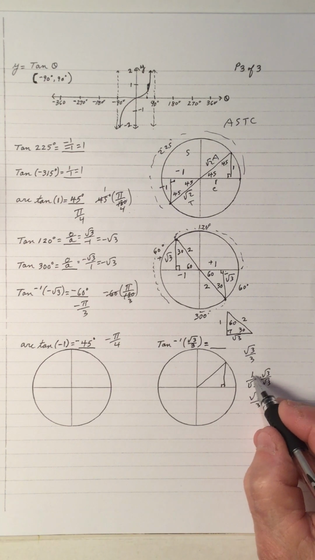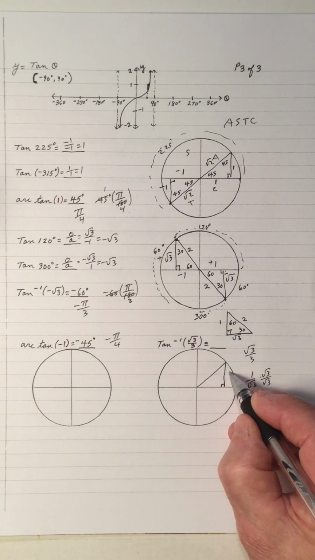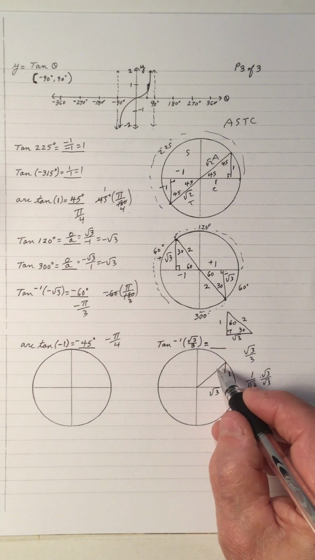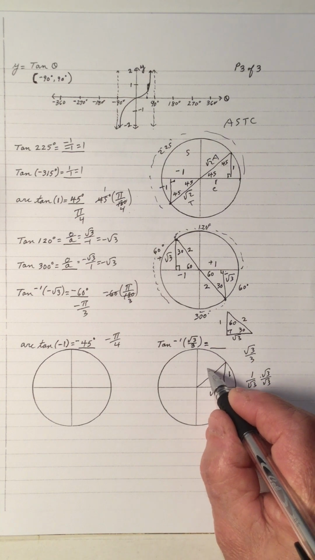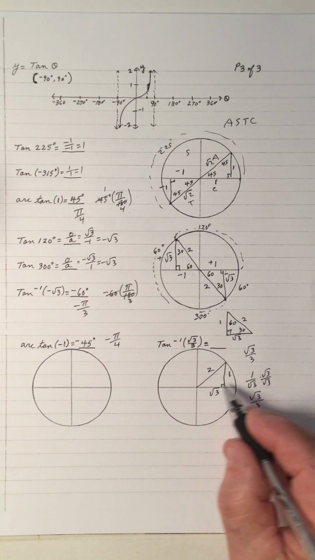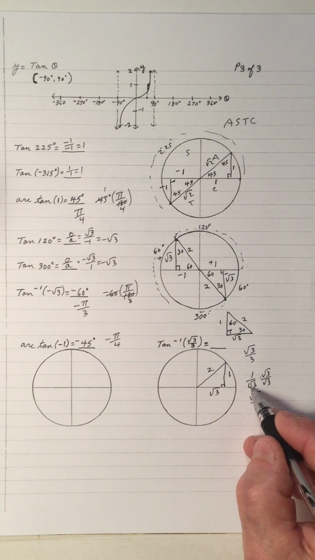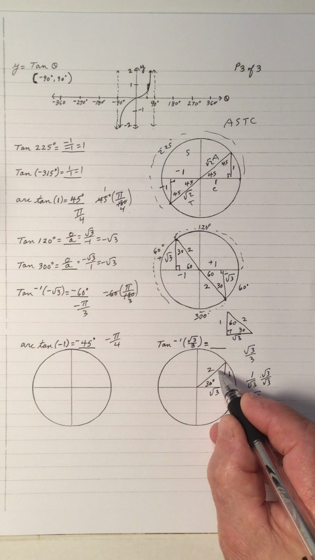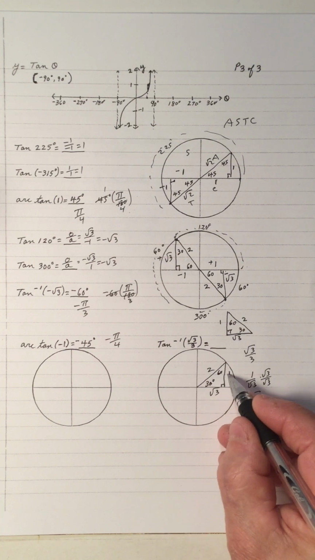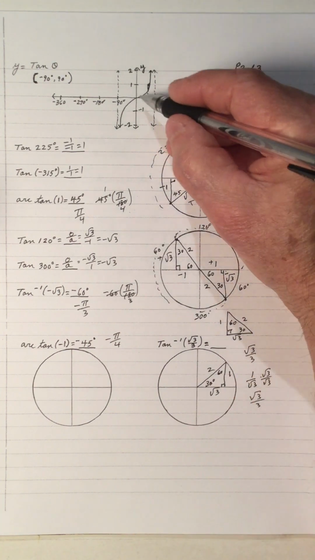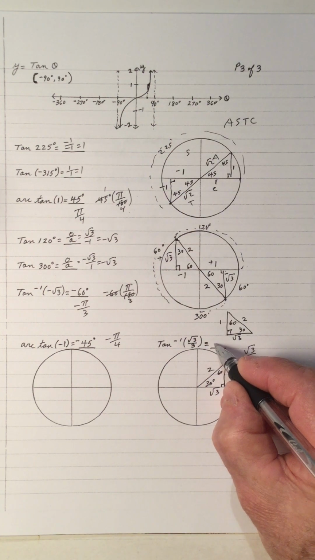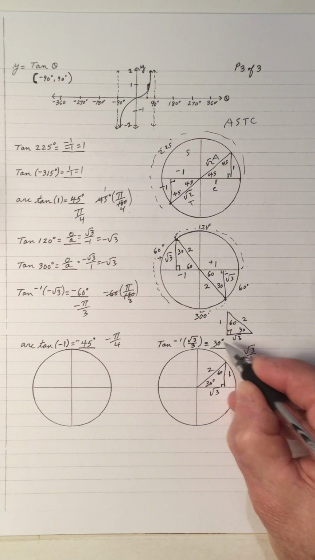So that means tan is opposite, which is 1, over root 3. And so we have a 2. So if it's opposite over adjacent, 1 over root 3, which is root 3 over 3, that means this is a 30-degree angle. This is your 60. So in this quadrant, we have to have an angle between 0 and 90. So we have to have a 30-degree angle.